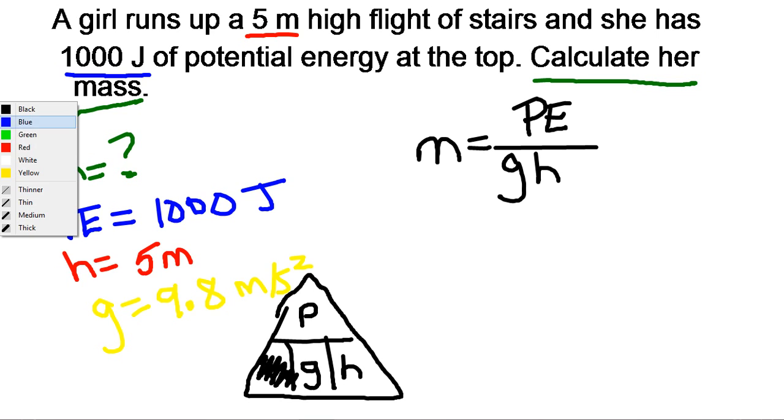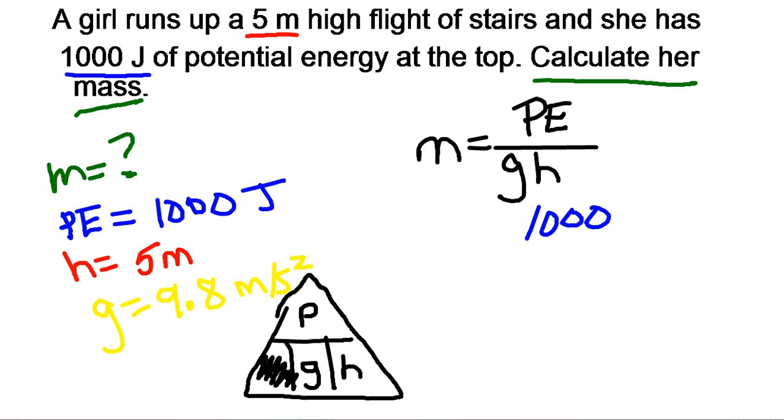I'm going to put in my variables that I do know. I know that my potential energy is 1,000. I know that my G is always 9.8. And I know that my H is 5.